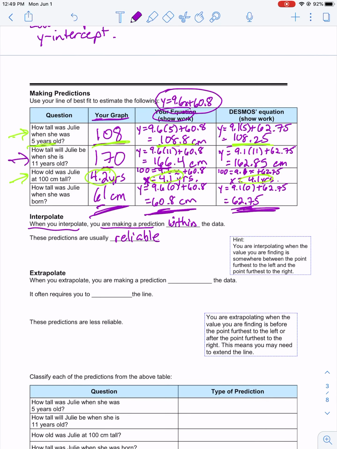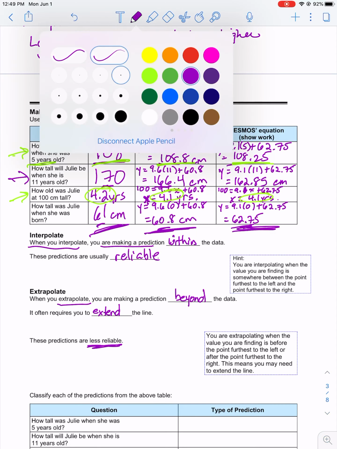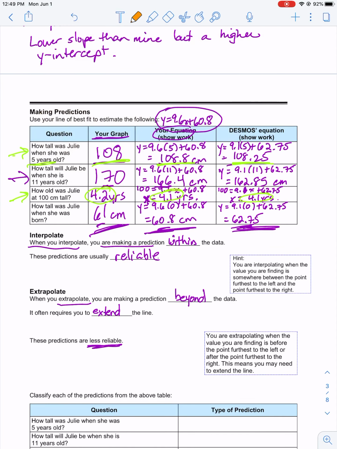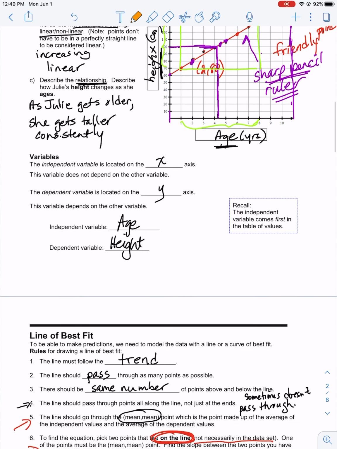When you extrapolate, you are making predictions beyond the data. It often requires you to extend the line. These predictions are usually less reliable. So anything outside the box, I'm going to go orange. How tall was Julie when she was 11 years old? 11 years old is over here.